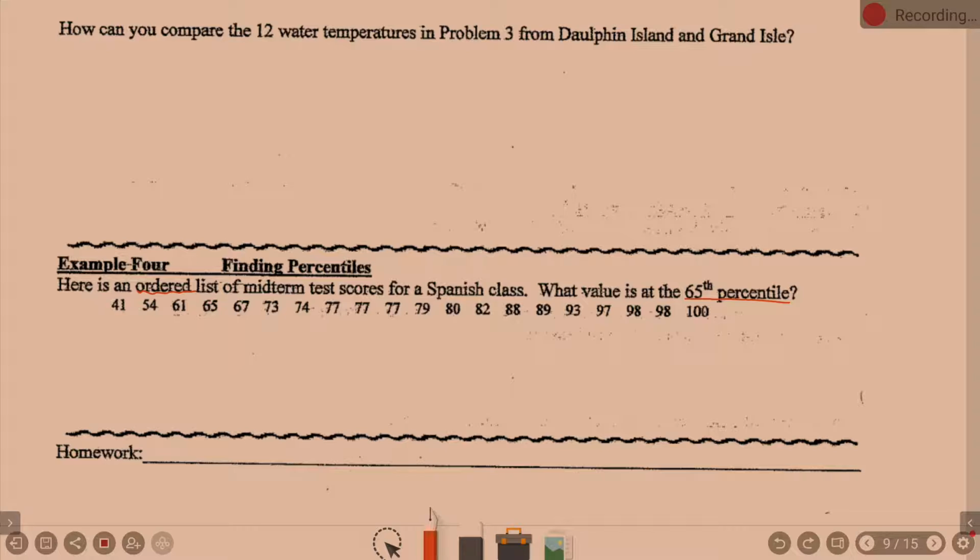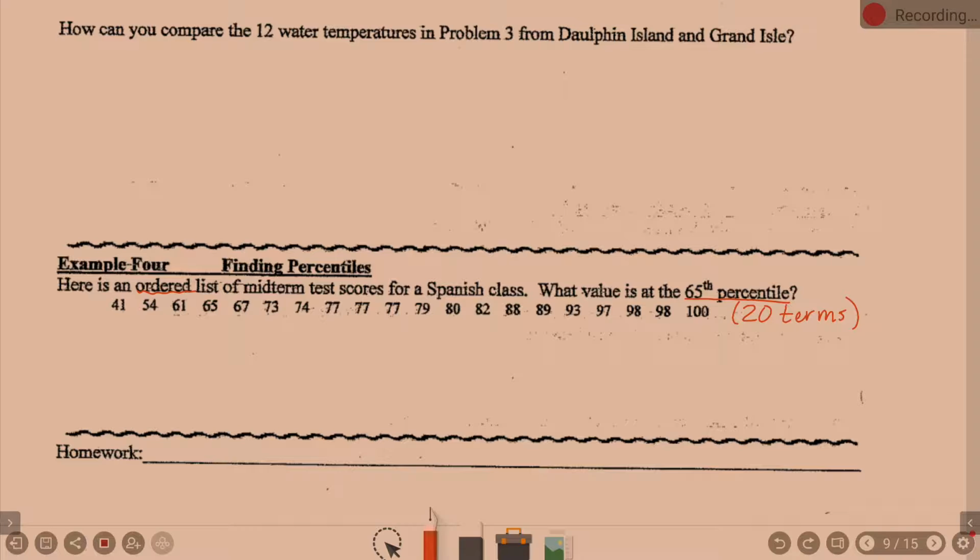Agree? Give people a moment to count. Okay, we can agree there are 20 terms, yes? So what we need to know is what is 65% of 20, because that's going to show us where the 65th percentile is.